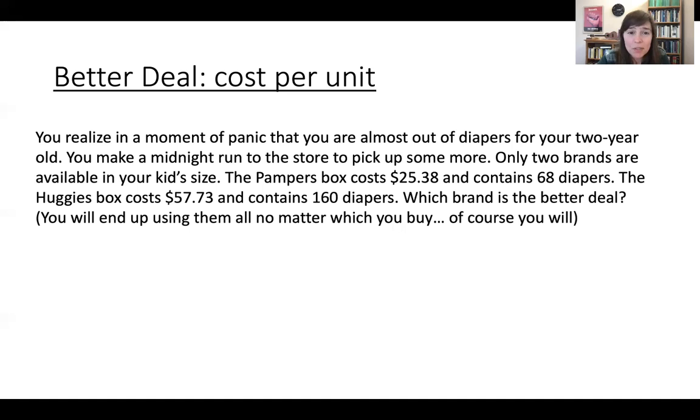You make a midnight run to the store to pick up some more. Only 2 brands are available in your kid's size. The Pampers box costs $25.38 and contains 68 diapers. The Huggies box costs $57.73 and contains 160 diapers. Which brand is the better deal? And don't worry, your 2-year-old will end up going through all of them.